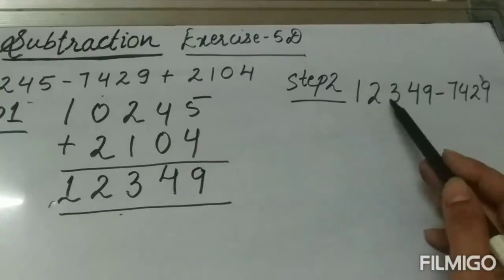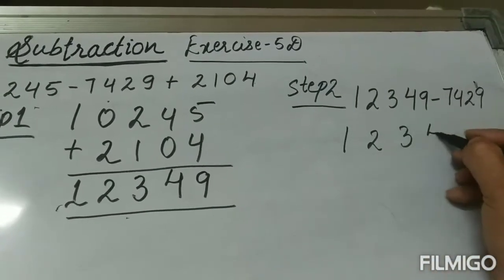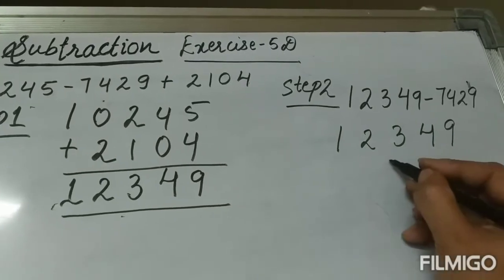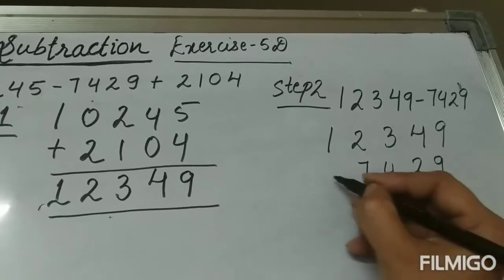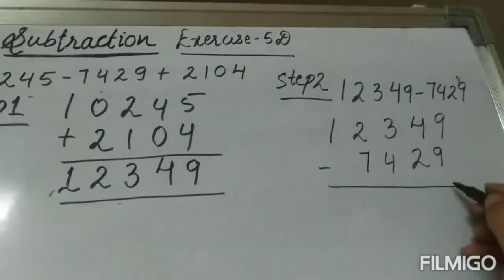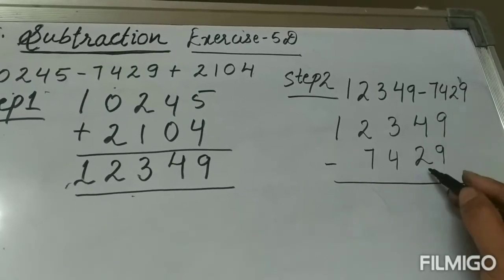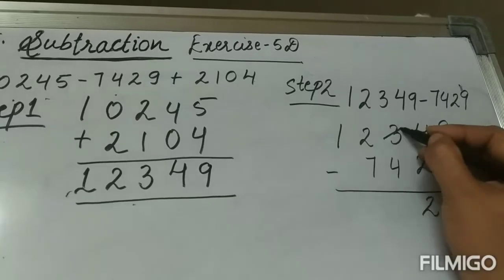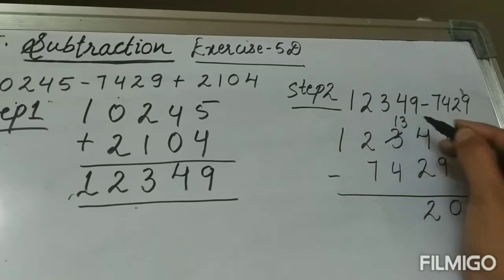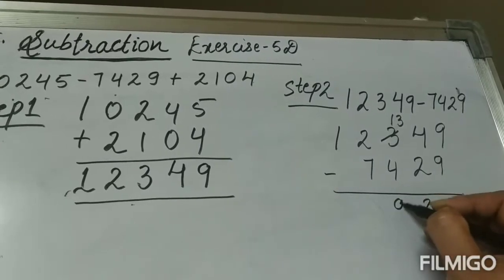The sum of these two numbers is this. So I am subtracting here 12,349 minus 7,429. Subtract these two numbers. 9 minus 9 is 0. 4 minus 2 is 2. Now 13 minus 4 is 9.